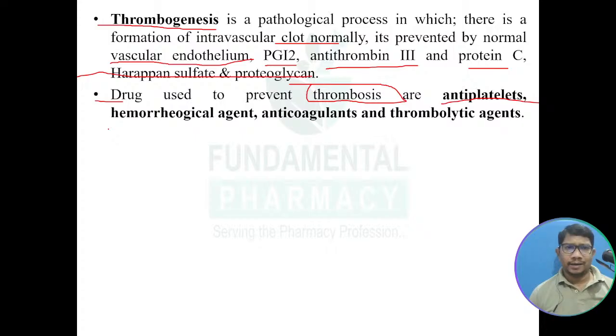Then also hemorheological agents, they will change the rheology of blood. Anticoagulants, thrombolytics. So basically the drugs acting on blood can be studied under these headings: antiplatelet drugs, hemorheological agents, anticoagulants and thrombolytics, right?